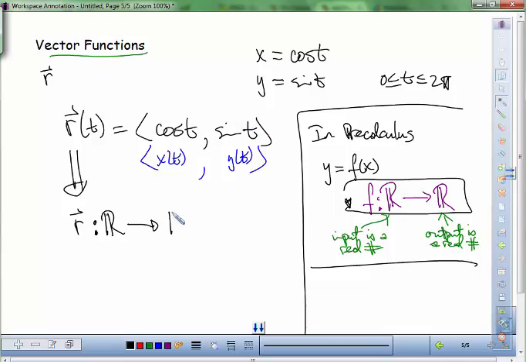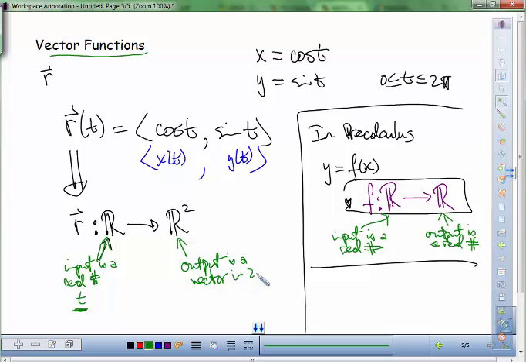So I would say a vector in R2. So my input is a real number, and then we can even say that real number is t, and my output is a vector in 2 dimensions.